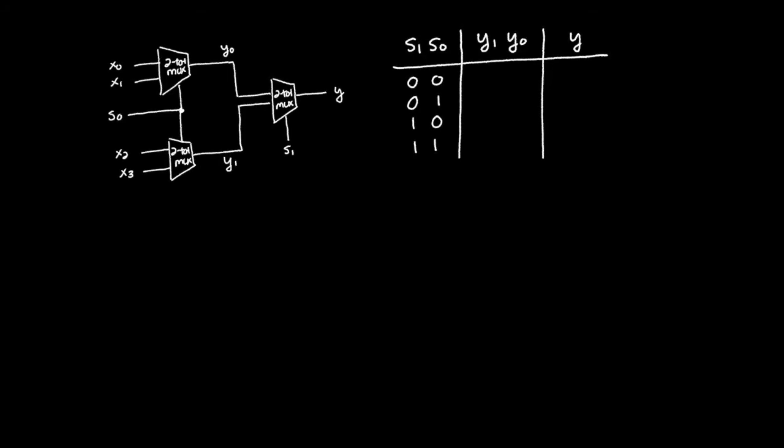So let me start with S0 over here. I know that when S0 is 0, Y0 is going to be equal to X0 and Y1 is going to be equal to X2. I always select the first input when my selector is equal to 0. So when S0 is 0, in both these cases, Y0 will be X0 and Y1 will be equal to X2.